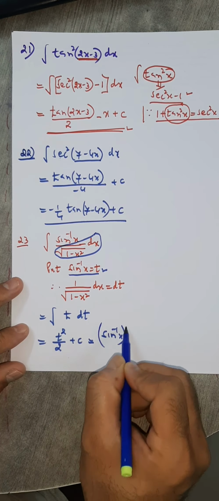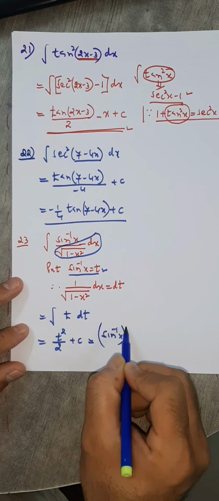The same question you could have done like this also. See here, alternatively. I'm just showing you whichever way you like. I can rewrite it as sine inverse x into 1 upon root of 1 minus x squared, the whole dx. This is f, this is f dash.